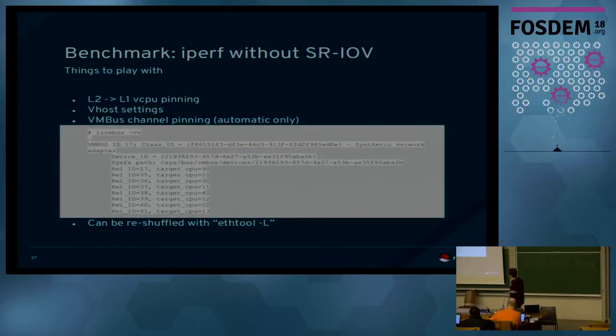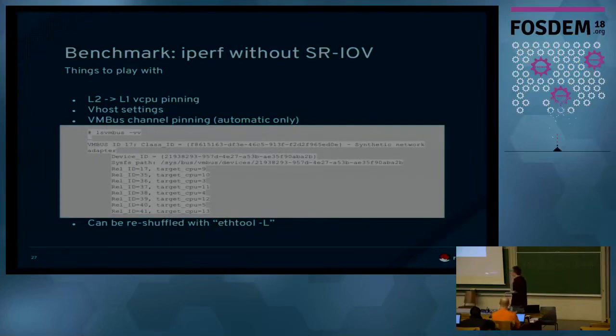Again, here you can also do things like CPU pinning and the vhost technique, but we have one additional complication. If you use Hyper-V emulated devices in the kernel nowadays, they use VM bus, and instead of real interrupts, they use so-called channels.